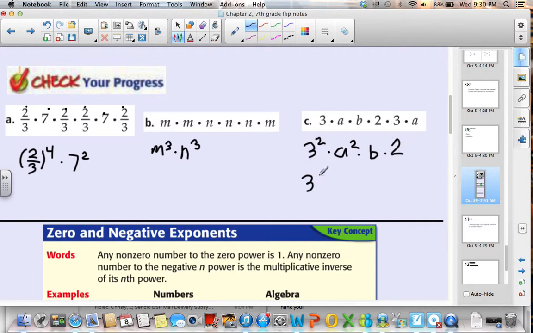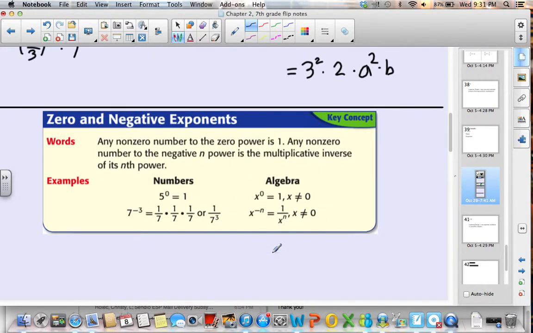So me personally, I would like to have it as 3 squared times 2. And notice since there's only 1 two, I don't actually write it with the first power, because 2 to the first power is just 2. So we just leave it as 2. So 3 squared times 2, and then I write my variables in order of exponent number. So 3 squared times 2 times a squared times b.